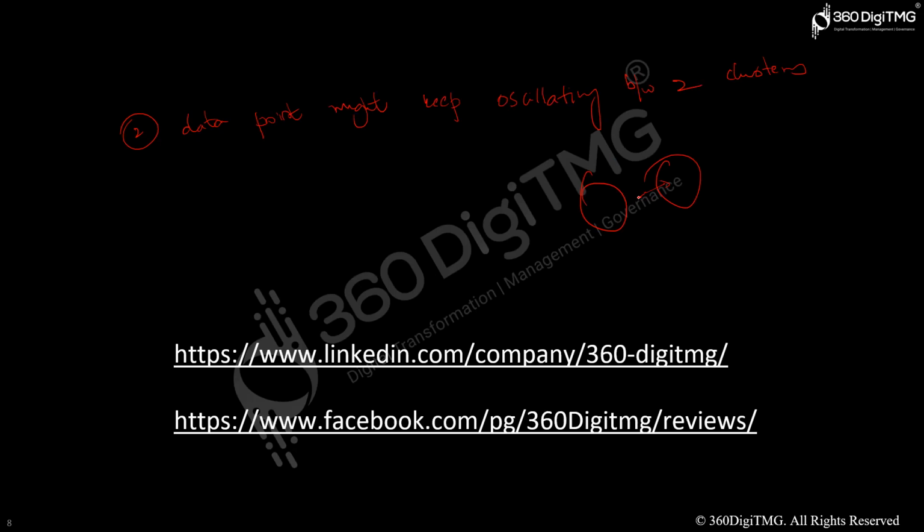Whether it goes to this cluster or to that cluster, that is nothing but a data point oscillating between two clusters. In each of the runs, the algorithm will enter an infinite loop.